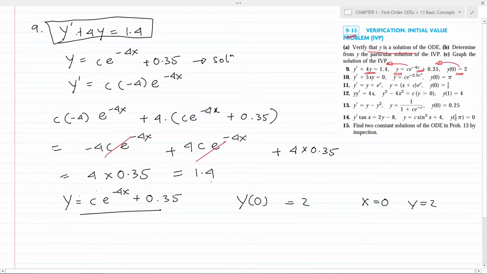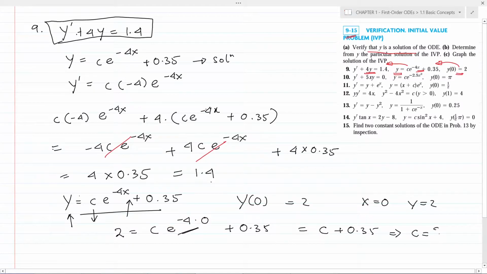So in this equation we put 0 in place of x and 2 in place of y, and we'll evaluate the value of c. So 2 = c e^(-4 multiplied by 0) + 0.35. e to the power 0 is 1, so this is equal to c + 0.35, which implies c = 2 - 0.35, which is equal to 1.65.